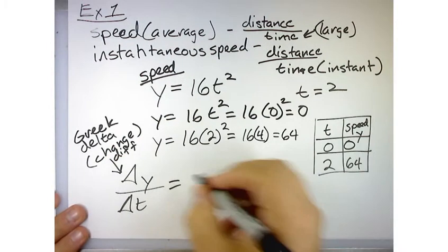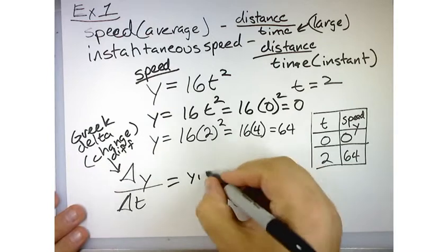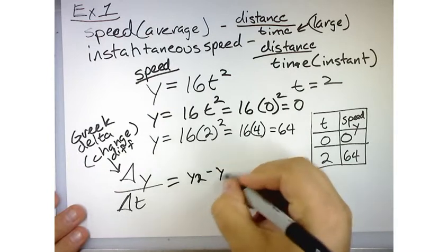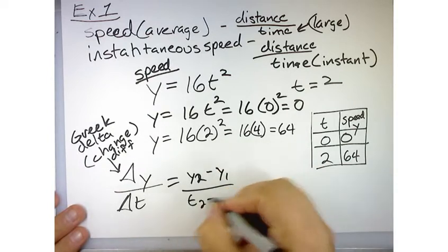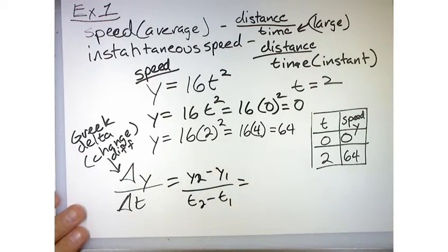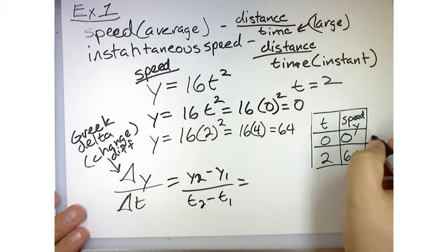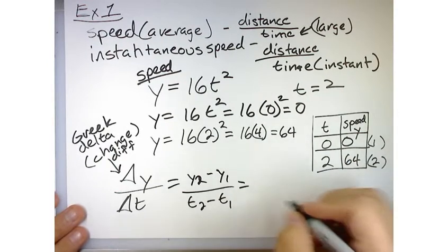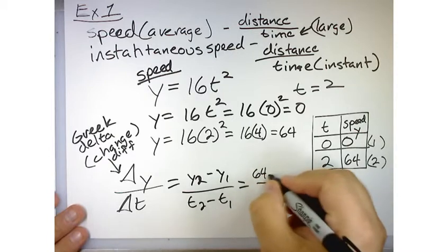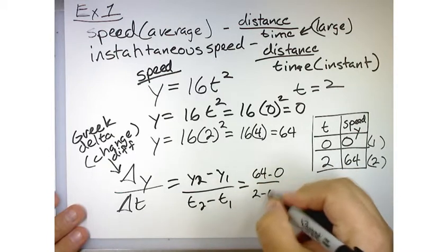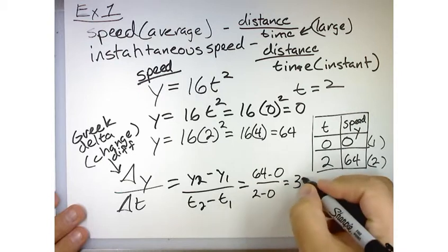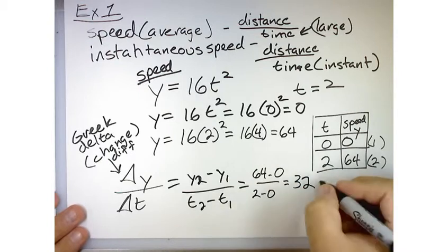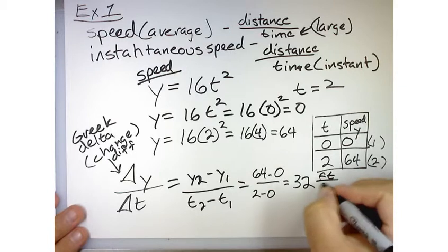So this would be y2 minus y sub 1 all over t2 minus t sub 1. So we're going to let this be our first set, and this will be our second set. If we plug that in, we end up with 64 minus 0 all over 2 minus 0, which is equal to 32. So the average speed is 32 feet per second.